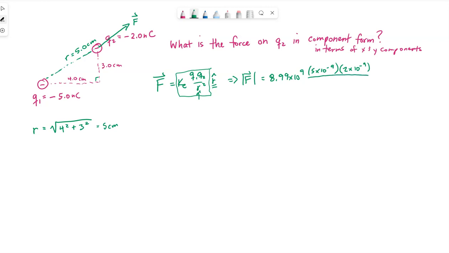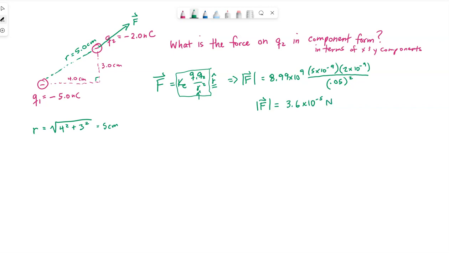So I just want the absolute value, so I put in my positive values for Q. So the magnitude of this force, let me plug that in. I'm getting 3.6 times 10 to the negative fifth newtons.